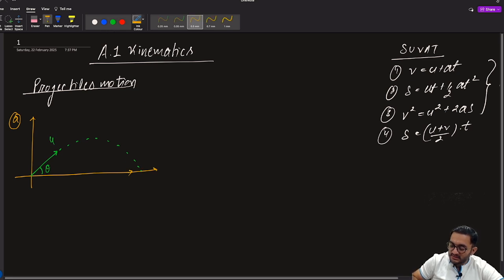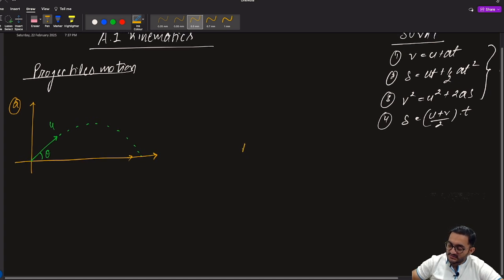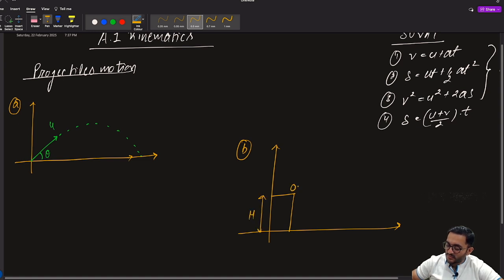The other case we can discuss here, case B, is where you are standing on a cliff of a certain height h, and you project a body with a horizontal velocity u, which is also called horizontal projection.